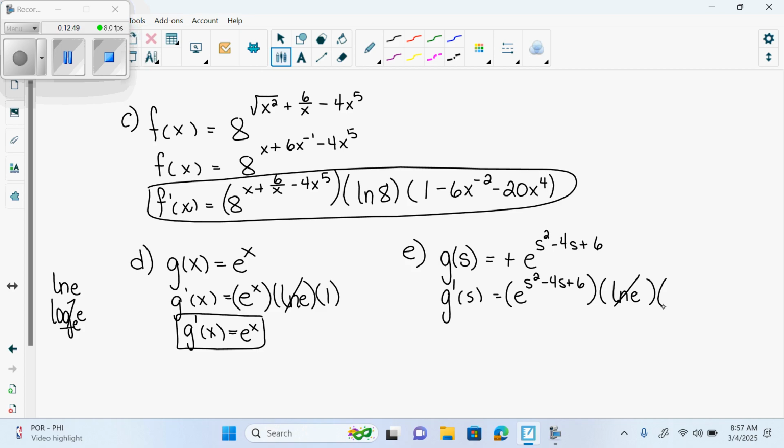So e to the x is the only one that stays e to the x. E to the anything else, you have to do the derivative of the exponent. So we're going to get 2s minus 4. I can take that 2 out. I get g prime of s equals 2 times s minus 2, and then e to the s squared minus 4s plus 6.